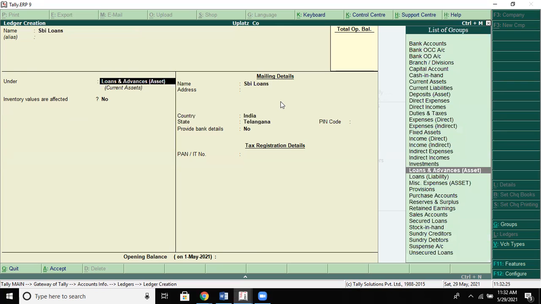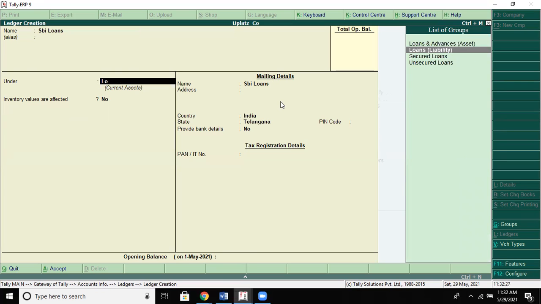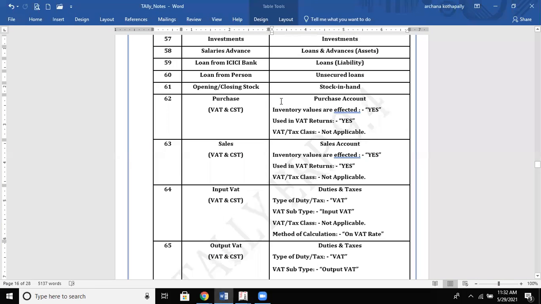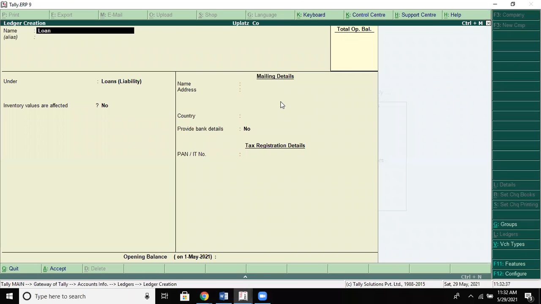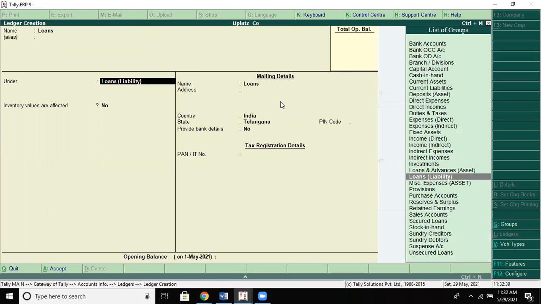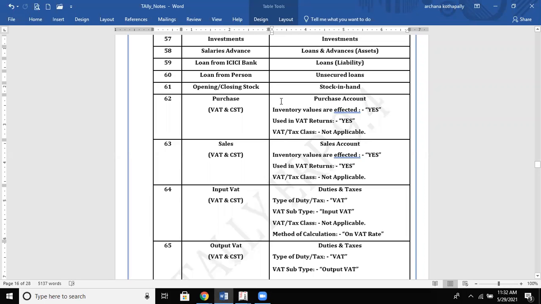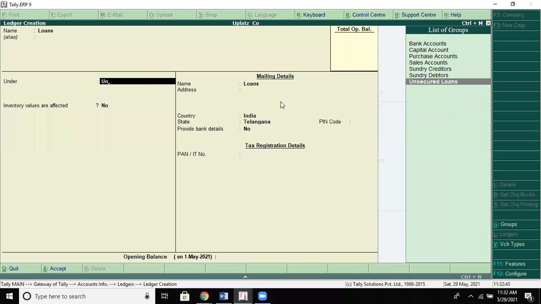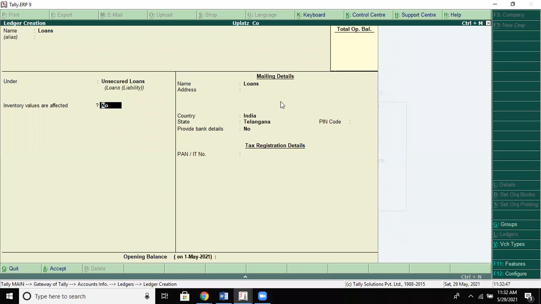So it will come under loans and it is a liability. And loans from person, you can just write loans. So that is a liability also because it is your personal loan and it is unsecured because it is not through your bank or some hypothecation.